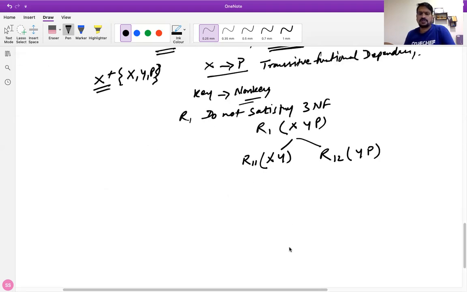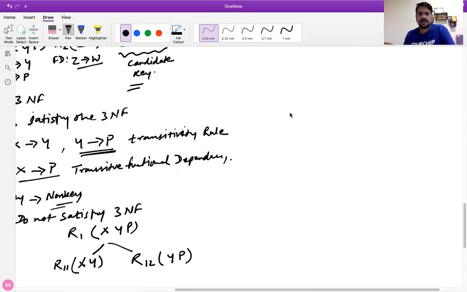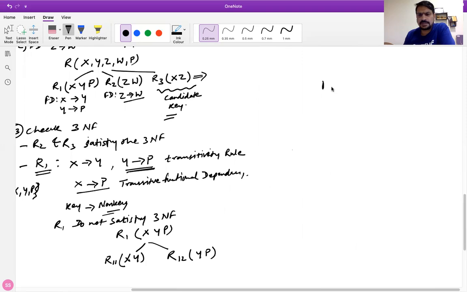So ultimately, what you are getting is this. R was X, Y, Z, W, and P. Now it has been divided into a number of tables.